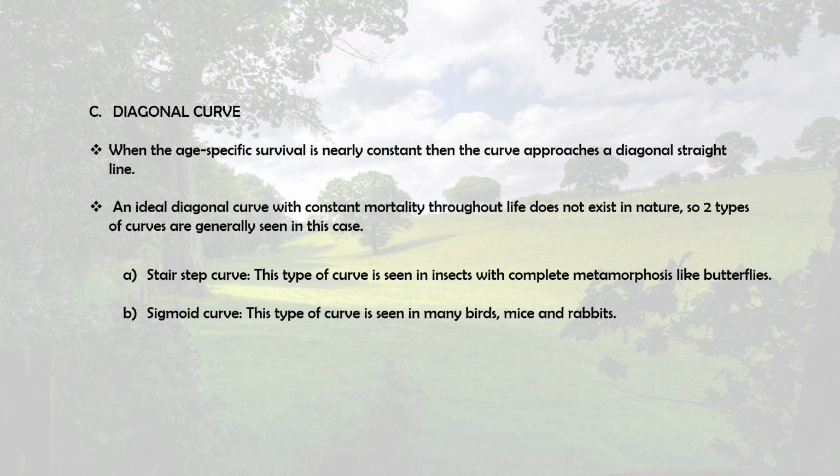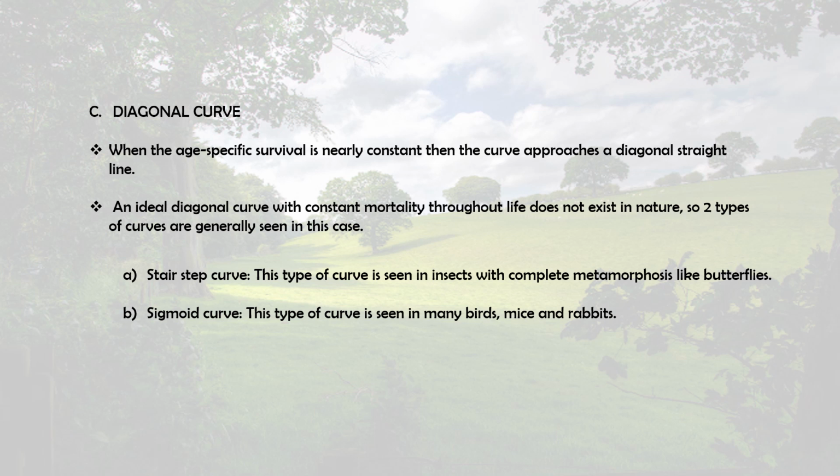The stair step curve is seen in insects with complete metamorphosis, like butterflies. Here we can expect that the survival differs greatly in successive life history stages, due to metamorphosis.